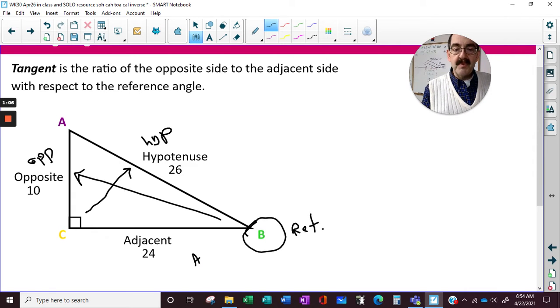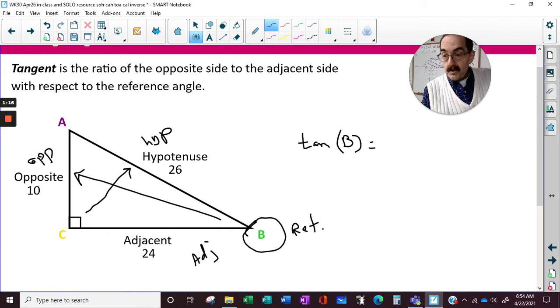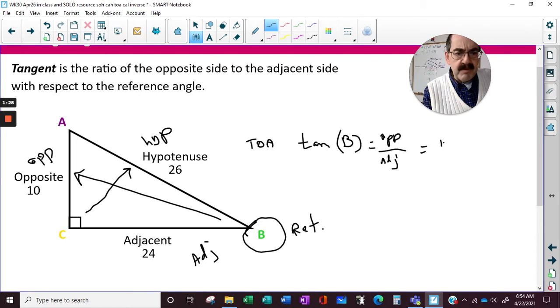And that leaves us with the adjacent. Okay, so tangent of B is equal to the OPP over the adjacent. TOA. And in this case, it'd be the number 10 over 24.